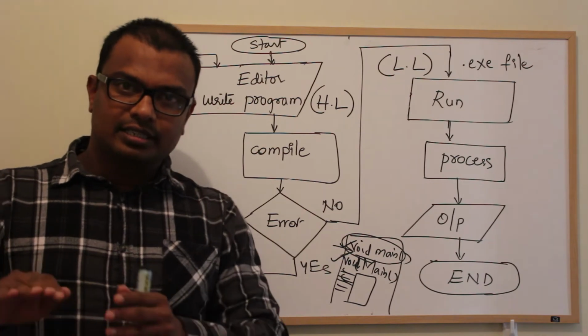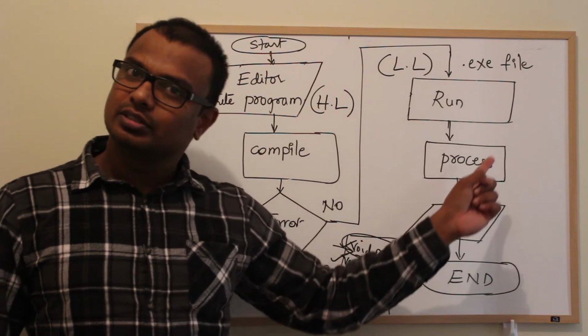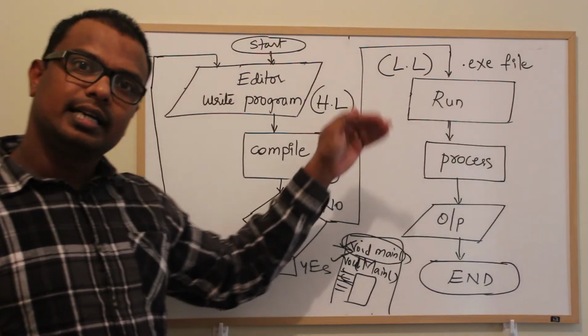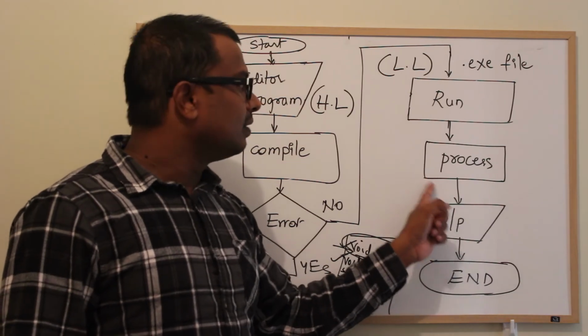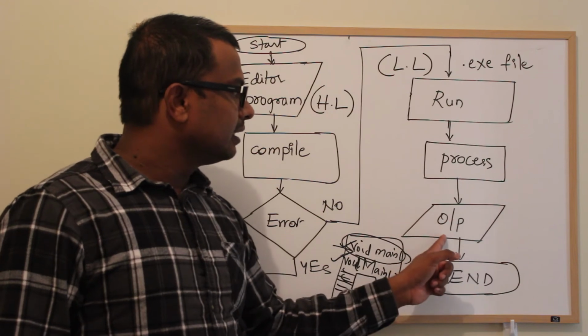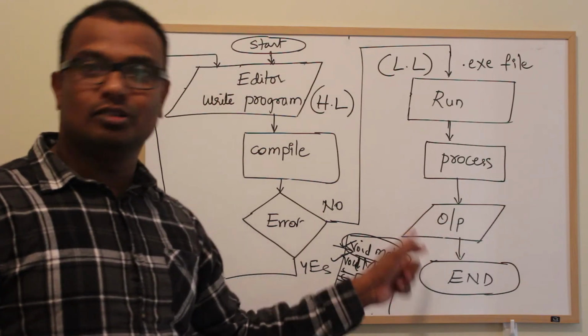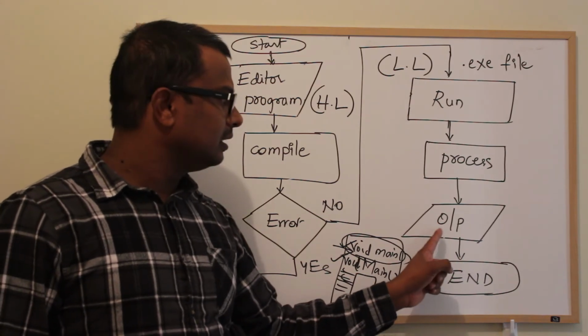The moment you enter, it will be given to the computer. That will be done in the running process and it will perform as per the instructions, right? Everything will be processed here. Once the process is completed, it will give you the required output, right?